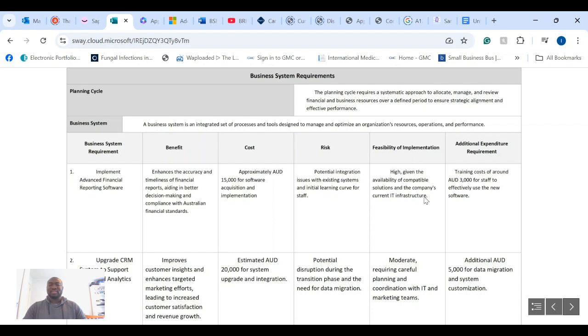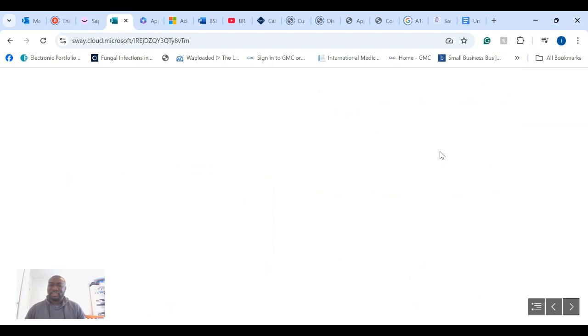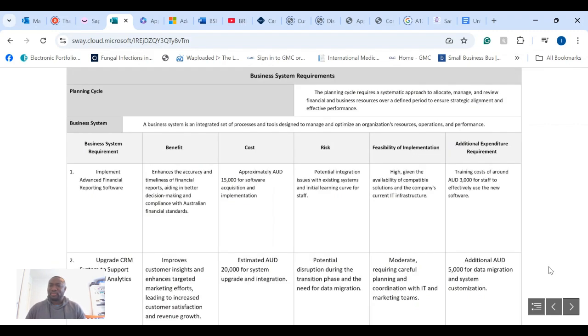For this, we are targeting an additional cost of 3,000 AUD for staff to be able to use the new software effectively. We're also looking at upgrading the CRM system to support advanced analytics.